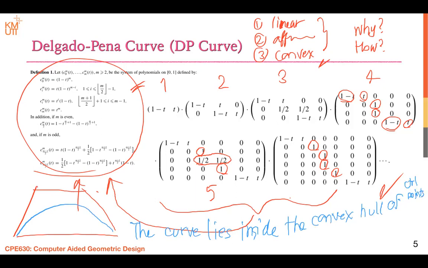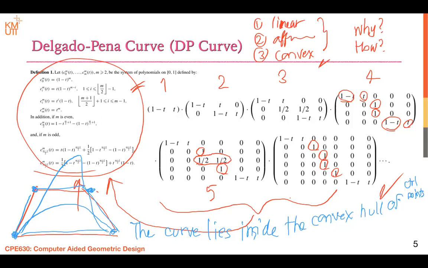That's correct. We want to prove this because, suppose you want to write a program, software or CAD application, and you mark the control points on the screen to define the curve. If the curve is outside the shape you have defined, outside the boundary of the convex hull, that would be useless.